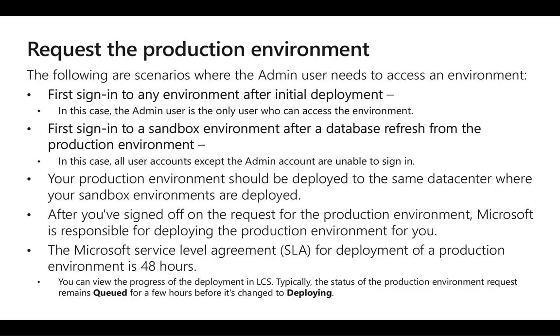The production environment can be deployed at any time within 48 hours after we submit the request, provided that our usage profile doesn't require additional information. We can view the progress of the deployment in Lifecycle Services. Typically, the status of the production environment request remains as queued for a few hours before it's changed to deploying.